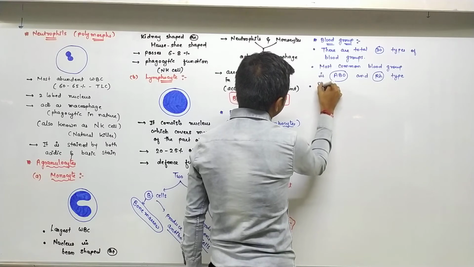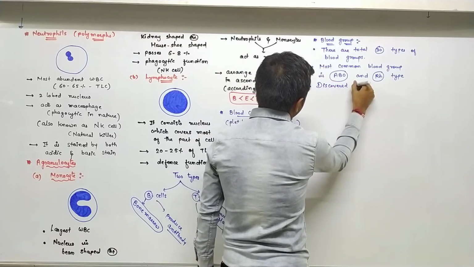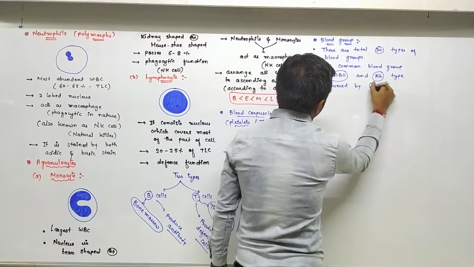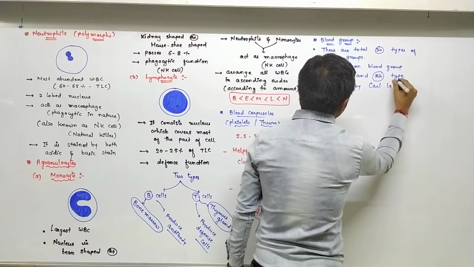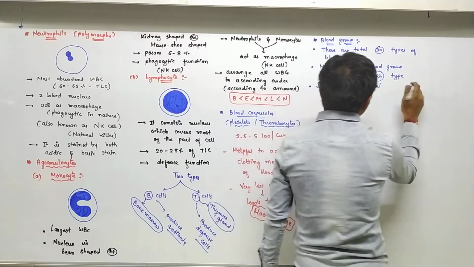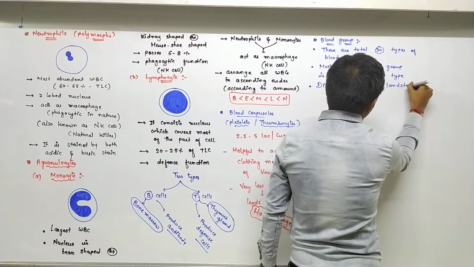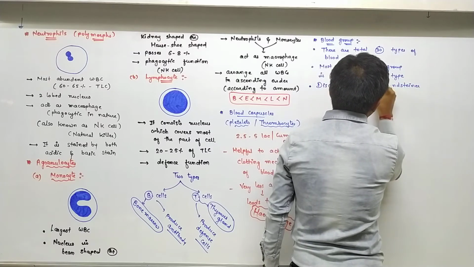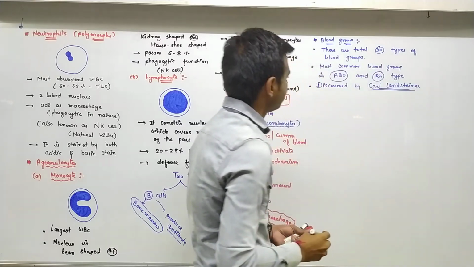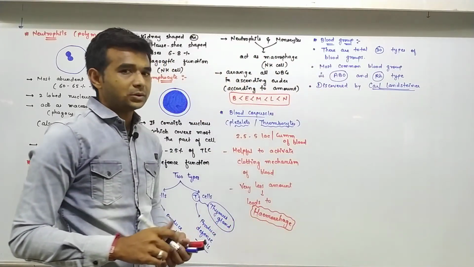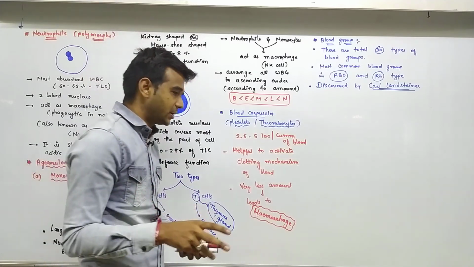So the most common blood groups are of two types, ABO and RH blood group.